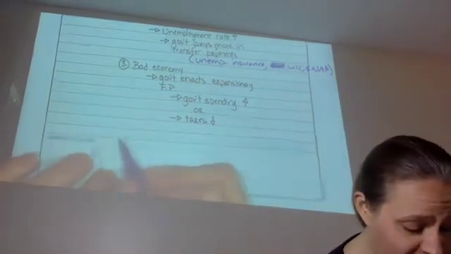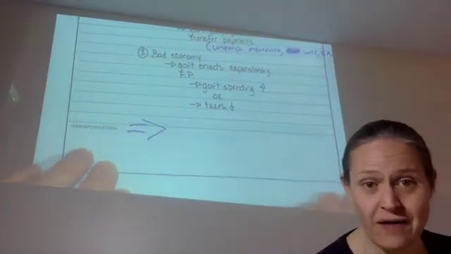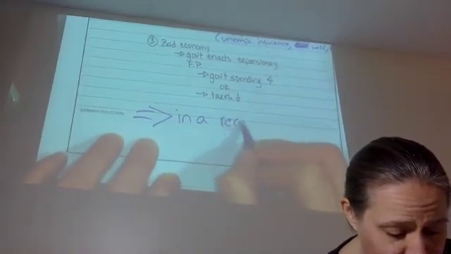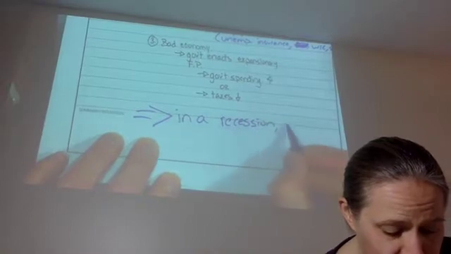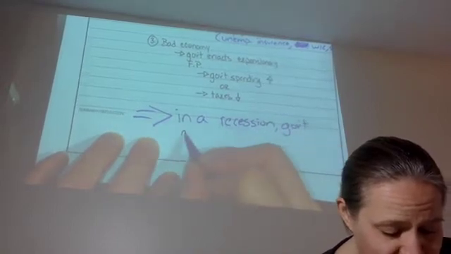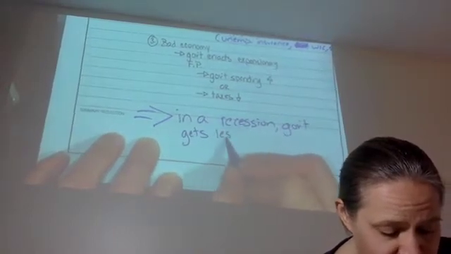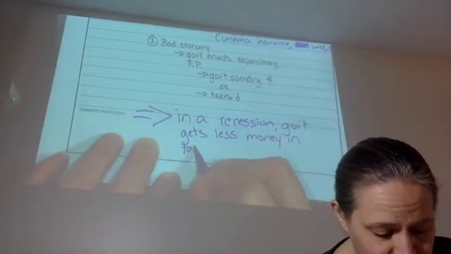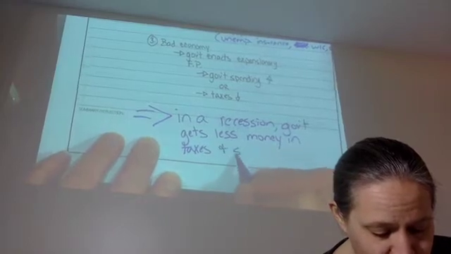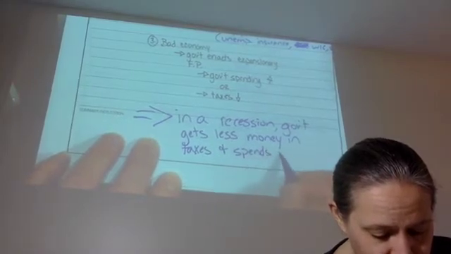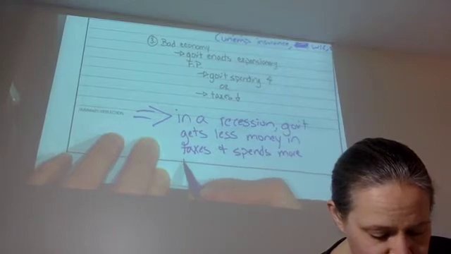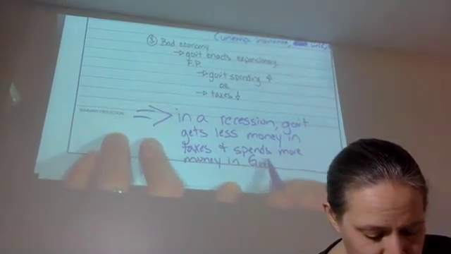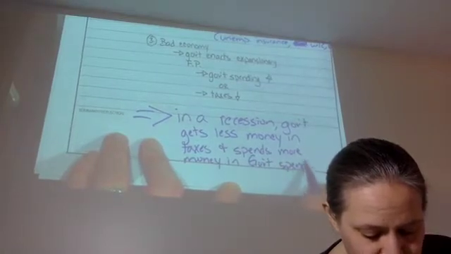So what this means, therefore, is that in a recession, government gets less money in taxes and spends more money in government spending and transfer payments.